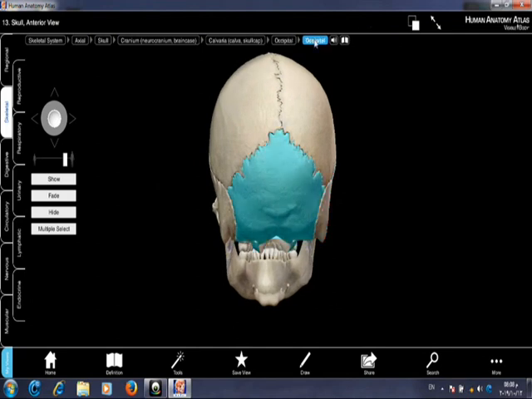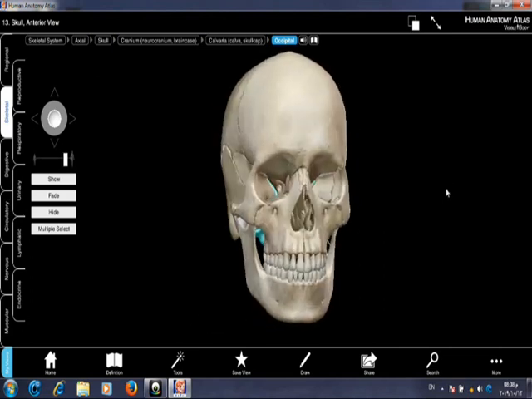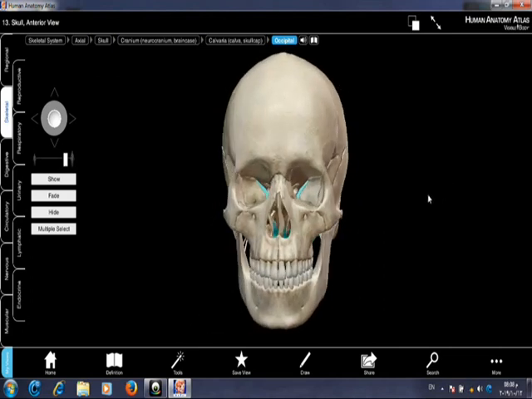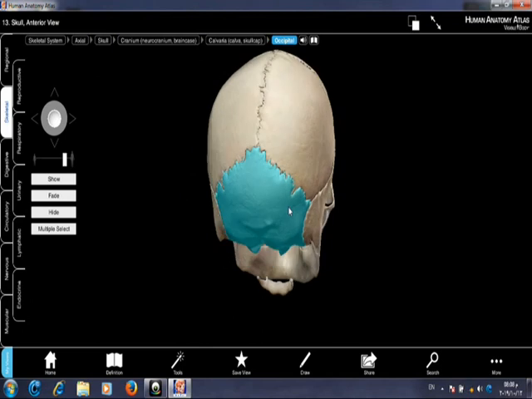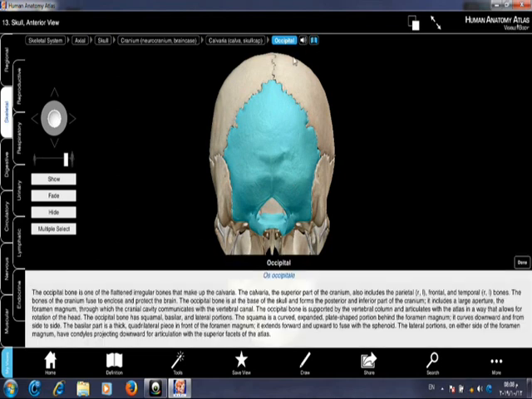This is called occipital. This occipital bone is here, behind the cranium. This is the cranium from the front, and this is the cranium from behind. I will explain the occipital bone.